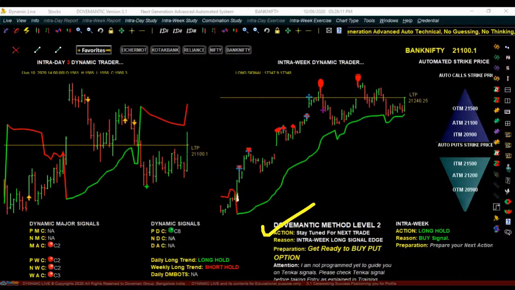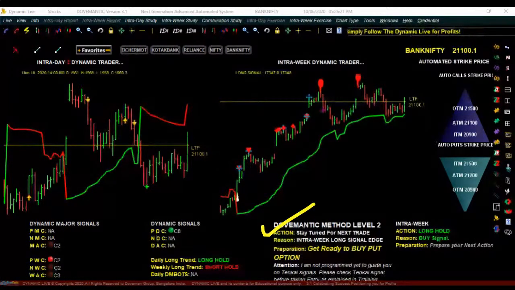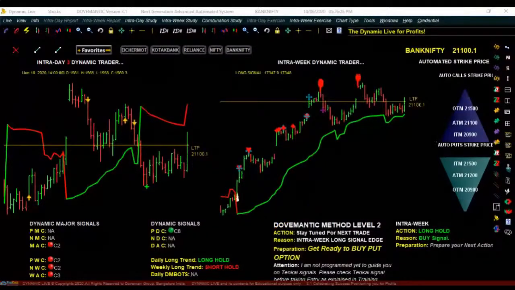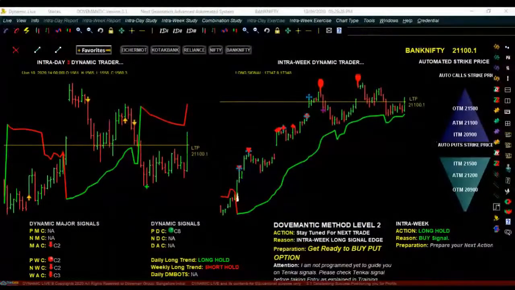Got it? This is the last point that I had to convey, so this completes the third step. If you can implement this consistently, the result is yours and you will start achieving consistent returns month after month.